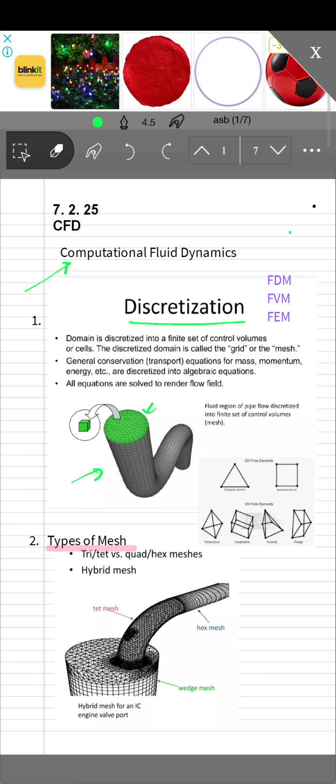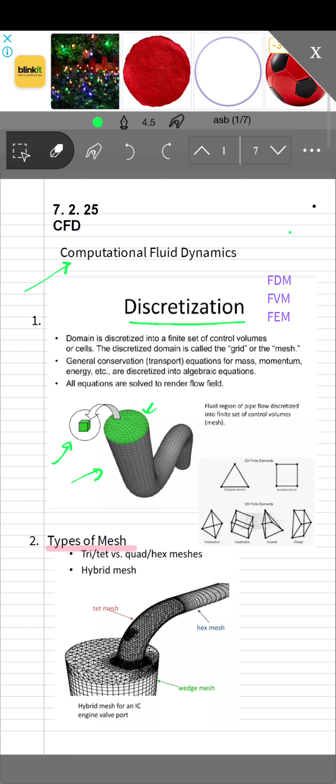So this is actually a control volume which has been magnified. So in this way, we have different control volumes. Now, the shape or the type of mesh used for the discretization depends upon the geometry or the conditions. Most of it is the geometry.